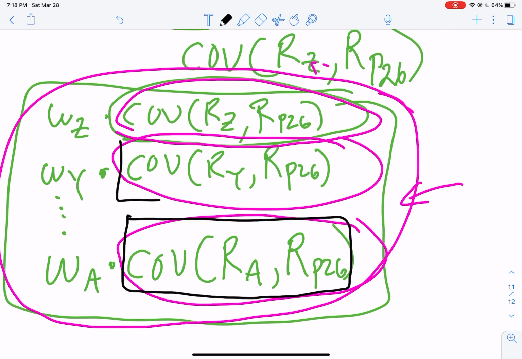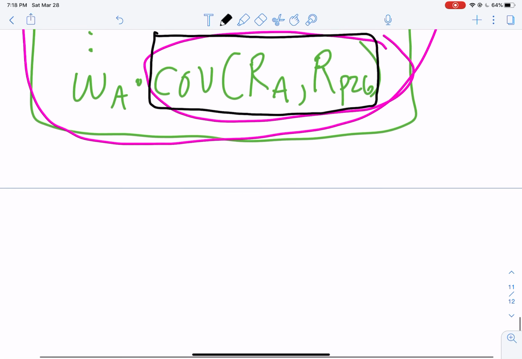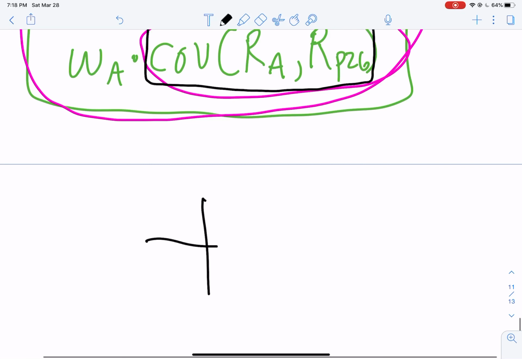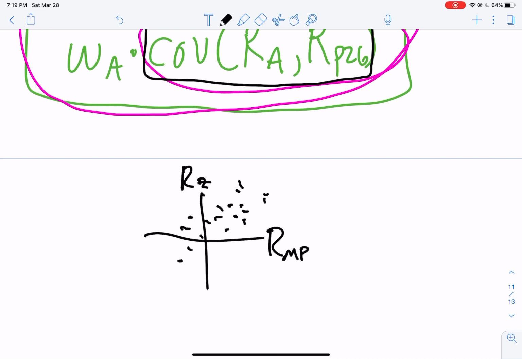Because if we were to regress, let's say we have a scatter plot of data, looks something like this. Let's say here we have the return on stock Z, and here we have the return on some market portfolio or market proxy. So simultaneous observations here, okay, of return on Z and return on some market proxy.